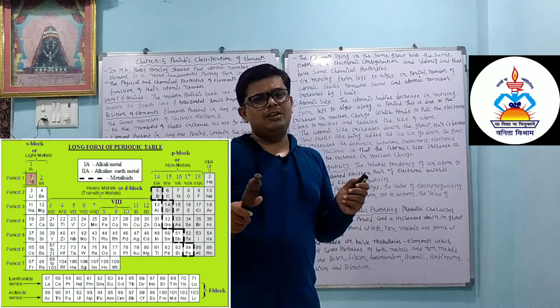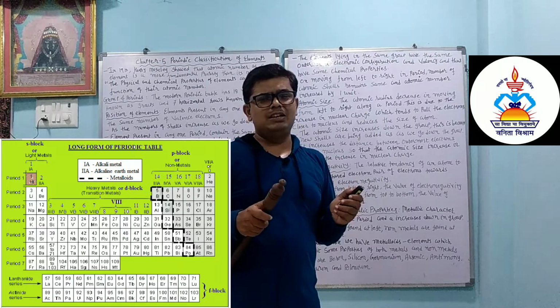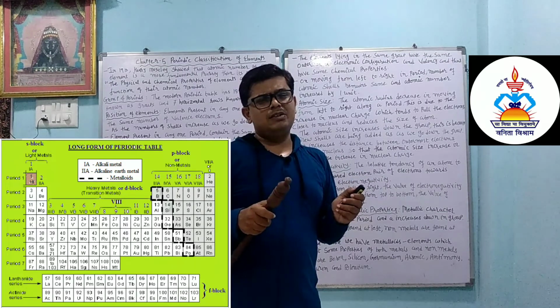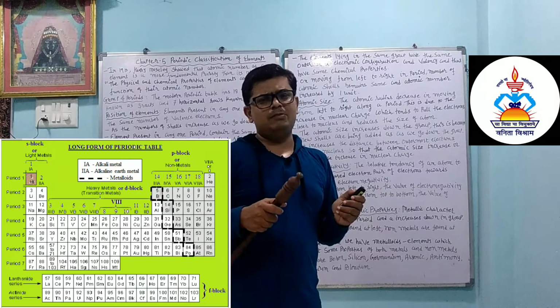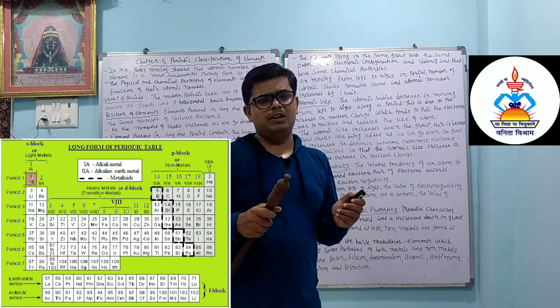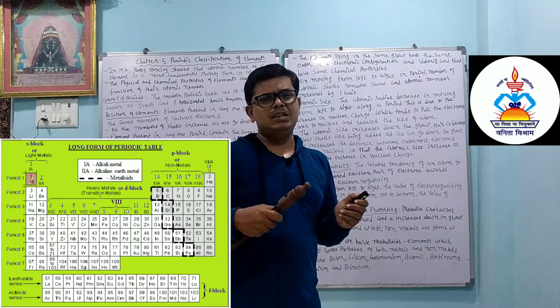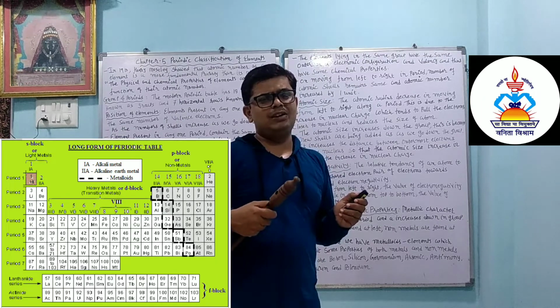As we go from left to right, the size of the atom continuously decreases. As the size of the atom decreases, it has more tendency to gain electrons. So metallic character decreases as we go from left to right.